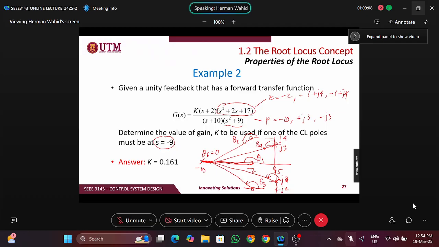So if we use the angle criteria, KGH is equal to theta 1, this one, plus theta 2 plus theta 3, all for the zeros, minus theta 4 and theta 5. If you like, you may also include theta 6, but theta 6 is 0.